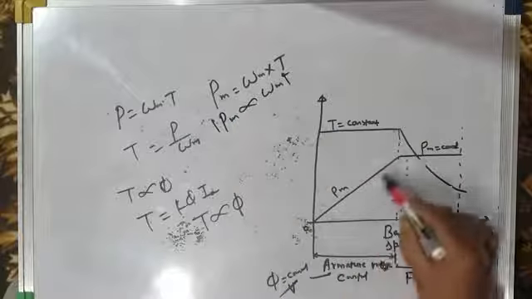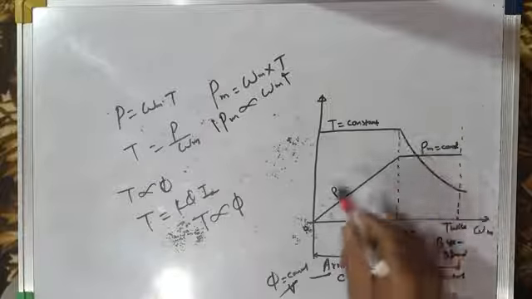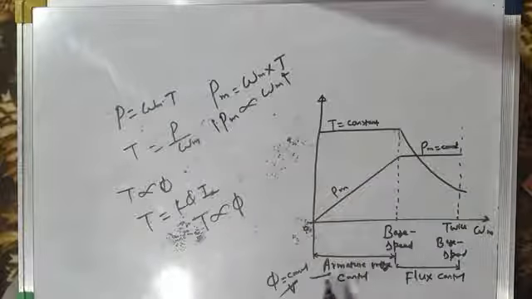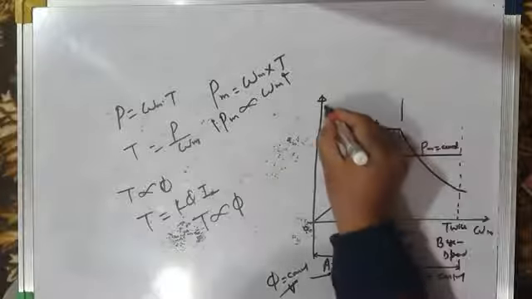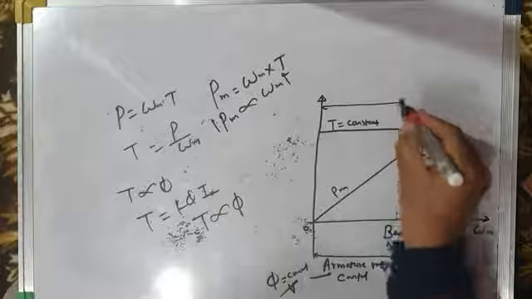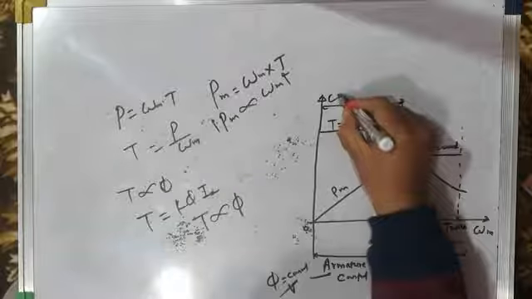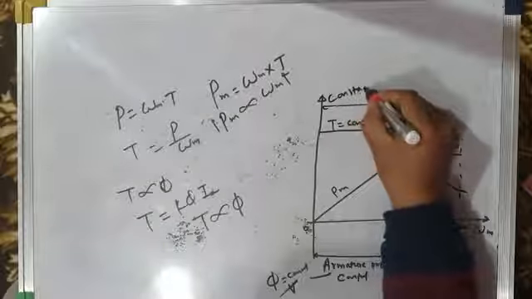So power is not constant. It increases from zero to base speed, but torque is constant. That's why this region of operation, zero to base speed, is also called the constant torque region.